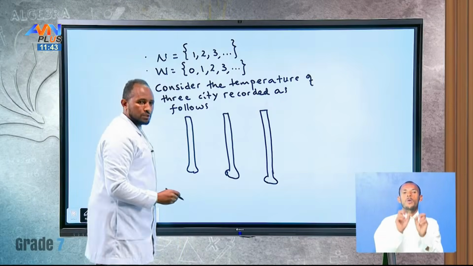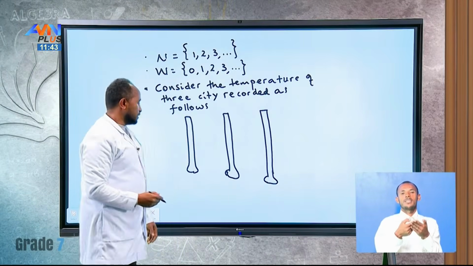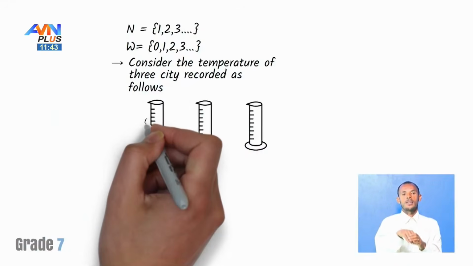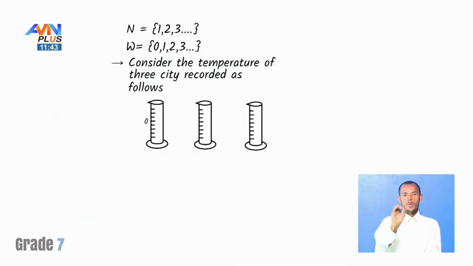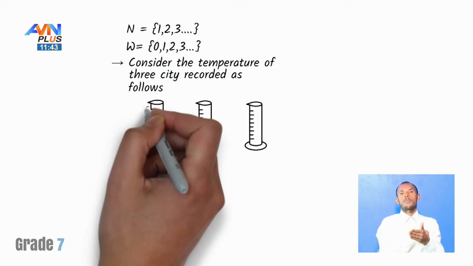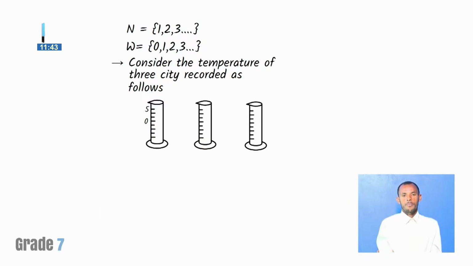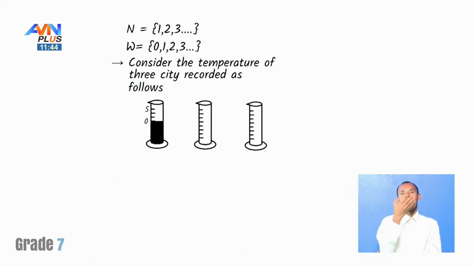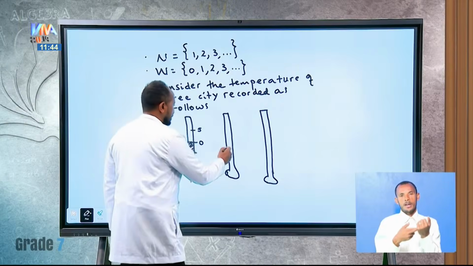Assume this thermometer has a liquid inside it, and there is a scale here. Assume this one is 0 and 5 and so on. Assume the temperature of city A is recorded at this level.